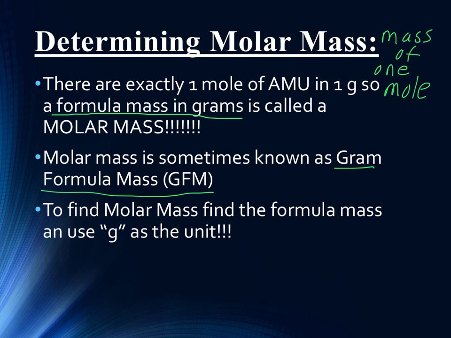As I said before, we could also call this a GFM, or gram formula mass. It's really up to you what you want to use. Why are there so many names representing the same thing? The short answer is the chemists of old hated kids taking chemistry, so they wanted to confuse you as much as possible. That might not be true, but I'm going to just go with it, because why not?